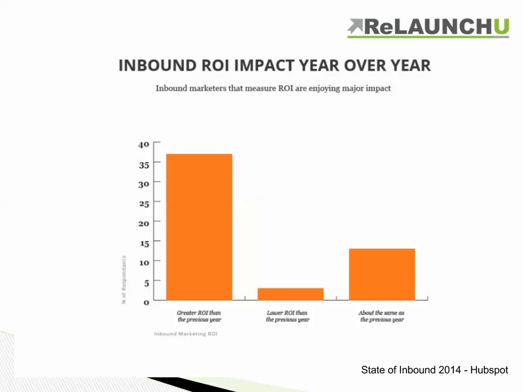More content you have on your website from blog articles, the more relevant your website becomes to search engines. The more traffic you get, the more leads you can generate from that traffic. For those that experience lower return on investment than the previous year, is pretty small percentage. And even those that had about the same return on investment was not the majority. So you can see if you do it right and do it well, this becomes more and more meaningful as time moves forward.